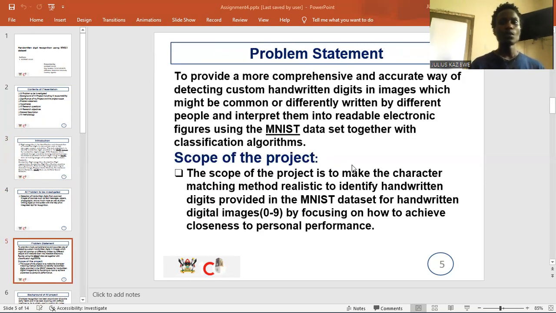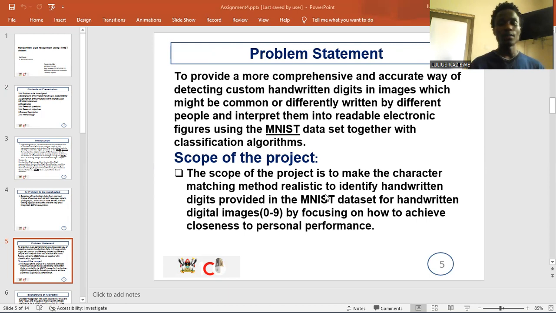The scope of this project is to make a realistic character matching method to identify handwritten digits provided in our data set of hand digit images from 0 to 9. We want to make a prediction of whatever digits you want to scan, and return a result from all the digits in the data set that we used to train our model.